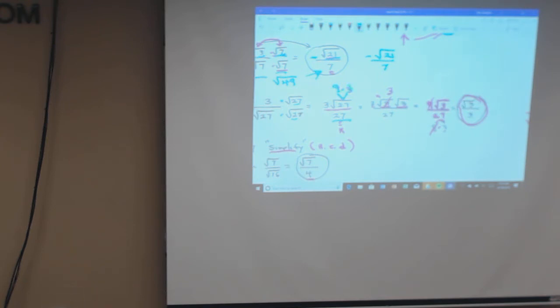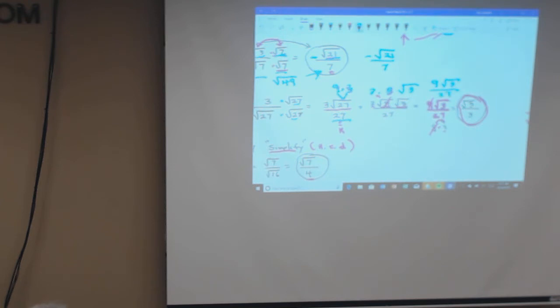So that becomes 3 times 3 times the square root of 3, which is 9 times the square root of 3, but it's over 27.